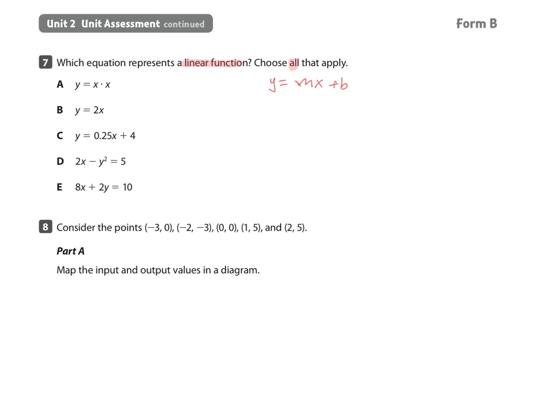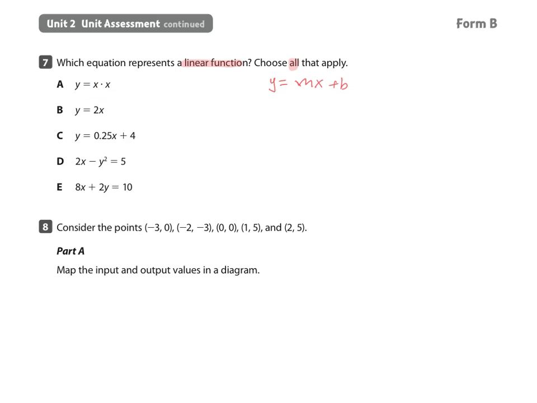That means that there's no exponent right there. You just have to have a slope and a y-intercept, or just the slope, or just the y-intercept. Now, let's go one by one. A says y equals x times x.